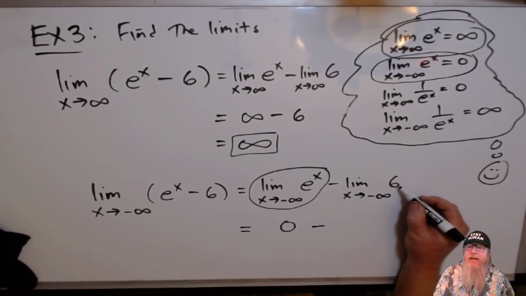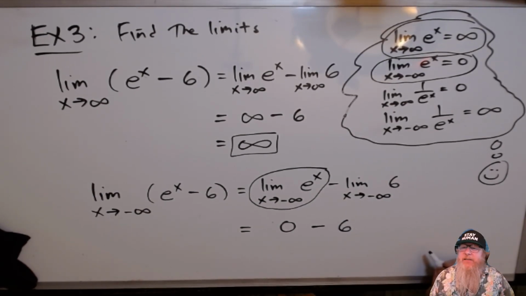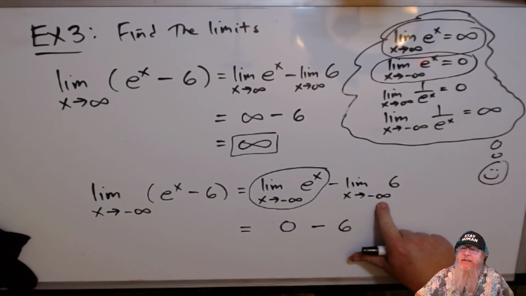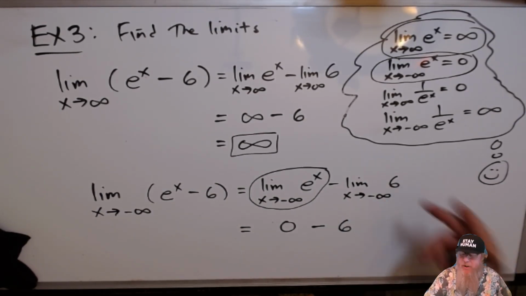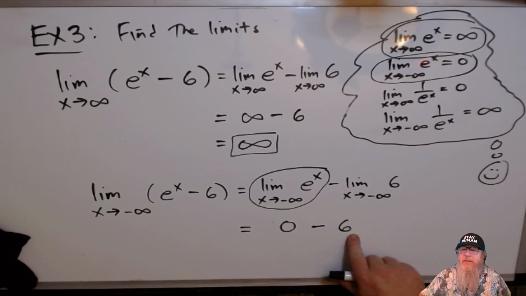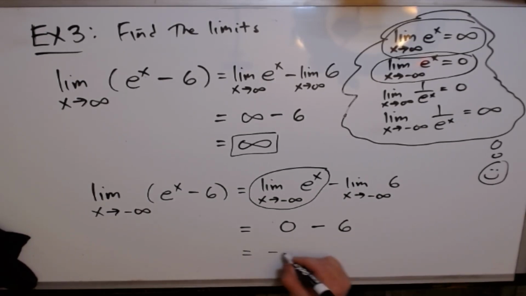And then the limit of a constant is just a constant. It doesn't matter that it's going to infinity. Right? The limit of any constant is always just equal to the constant. And so this is just equal to negative 6.